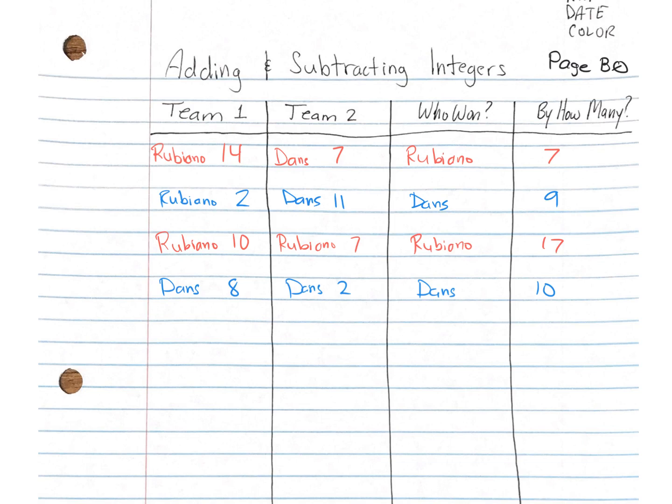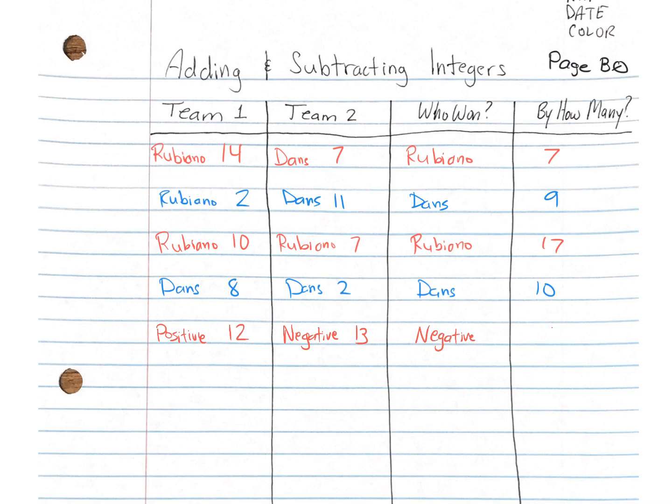So instead of having names like Rubiano or Dan's, now our names are the positive team and the negative team, like this. For some reason, that's their name. All right, the positive team and the negative team. So say the positive team got 12 kills, the negative team got 13 kills. Well, who got more kills, the positive or the negative? Well, on this one, it'll be the negative. And they got how many more kills, though?